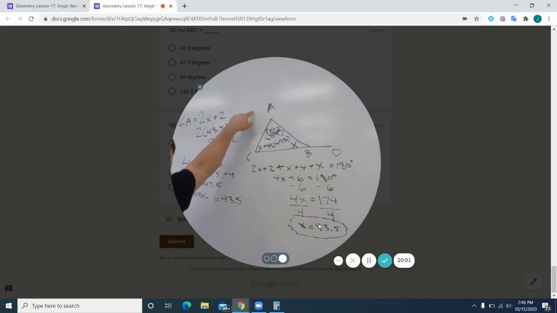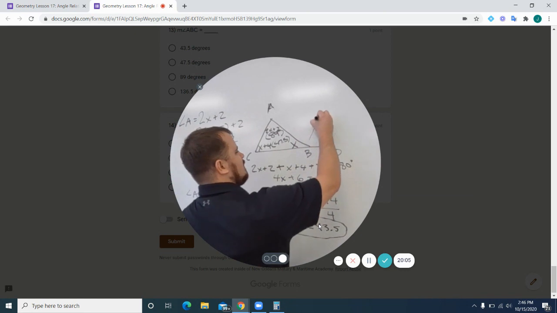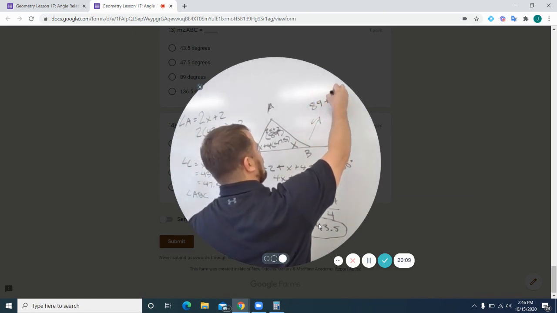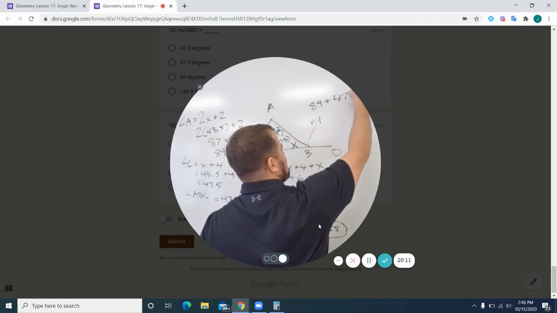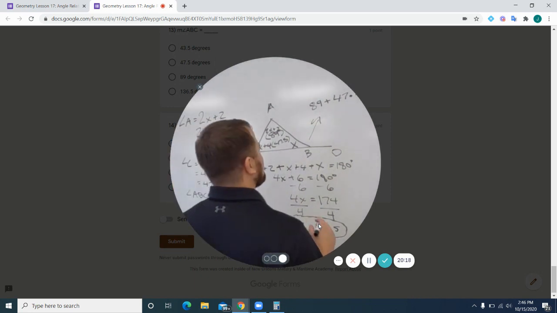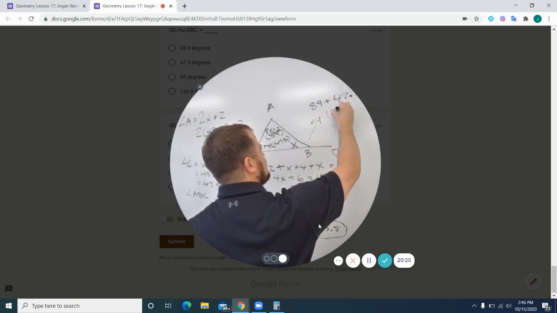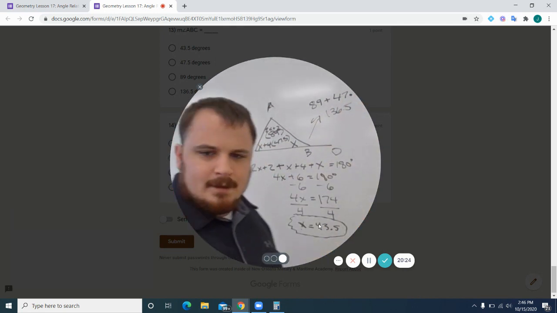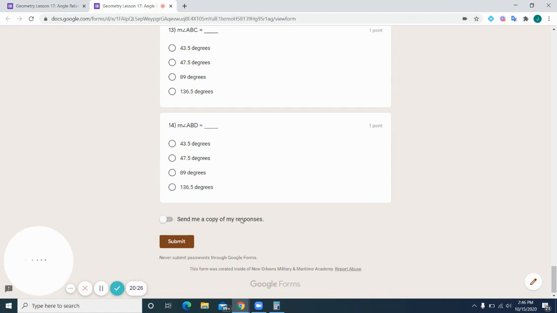Remember, these two angles always equal that exterior angle. So 89 plus 47.5 gives us 136.5. And so the last one, ABD, is 136.5.